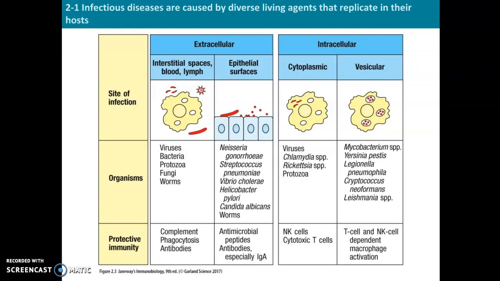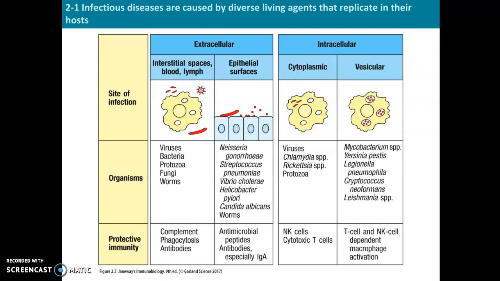You could also have them on the surface of the cell, like gonorrhea is on the surface of the cell, or cholera is on the surface of the cell. Helicobacter pylori, or H. pylori, which causes ulcers, is on the surface of the cell. Thrush, Candida albicans, and many worms can live in the extracellular spaces and attack you.